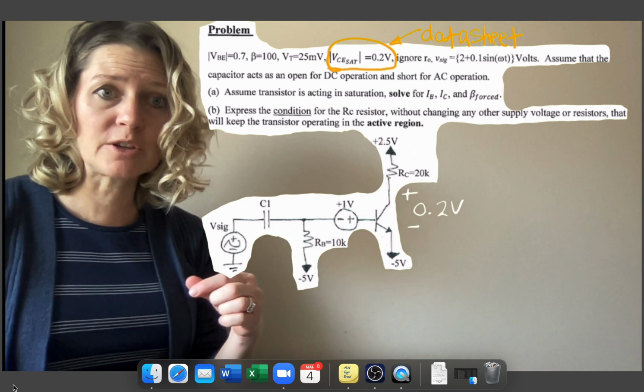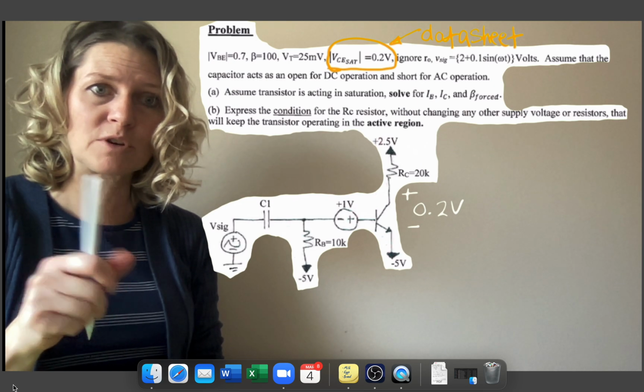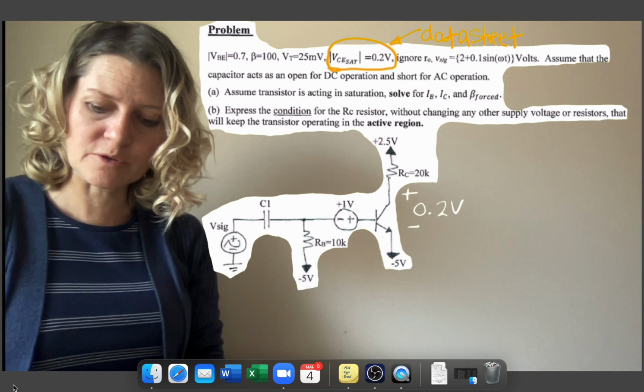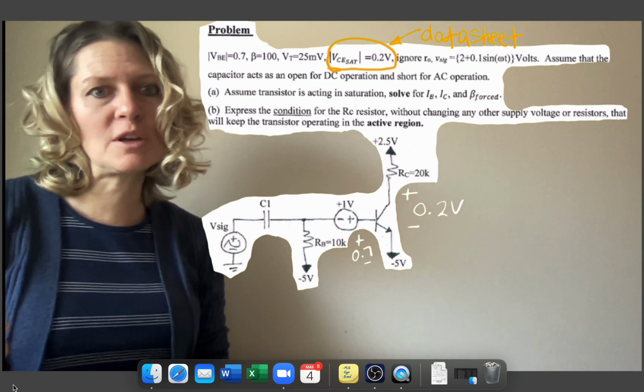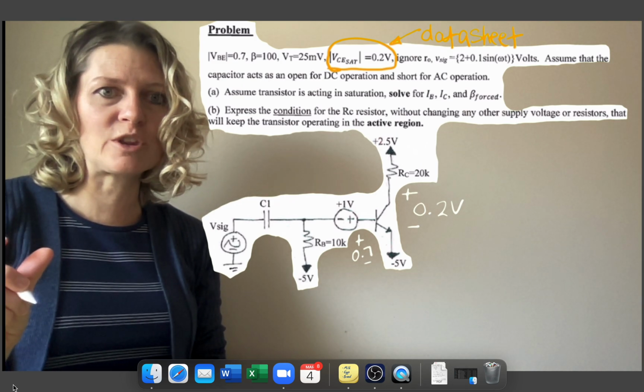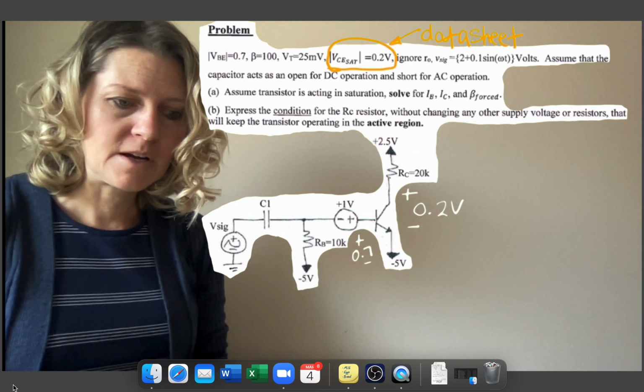Now you can take a loop from your collector to your emitter because you know that 0.2 volts. And you can also take the loop from the base to the emitter because we also know that diode is on, so that's 0.7 volts there.